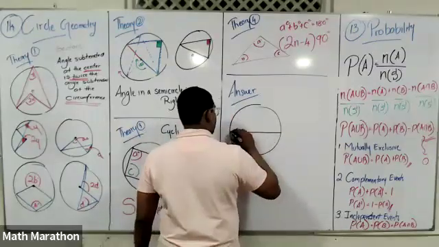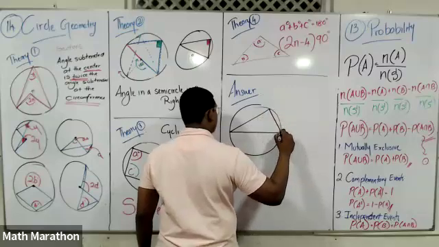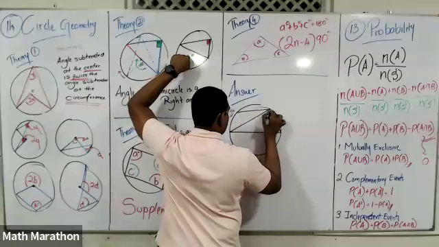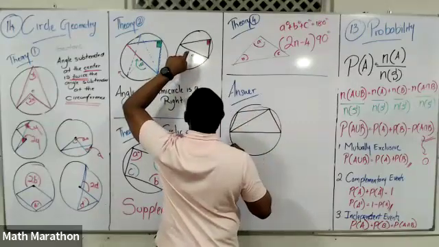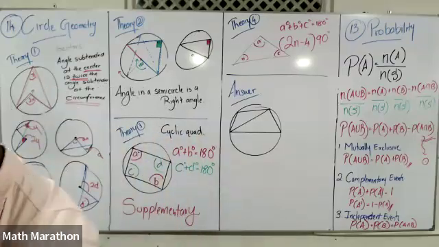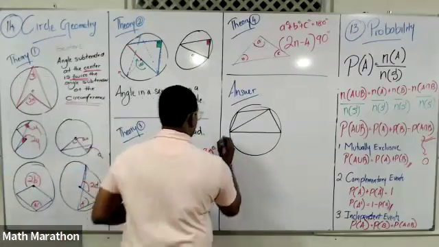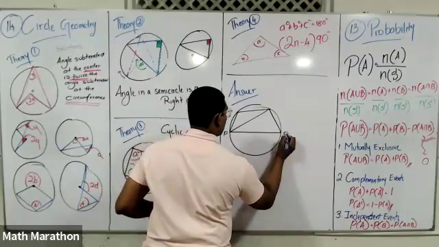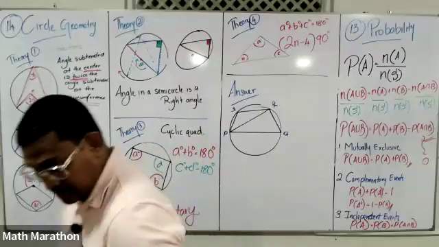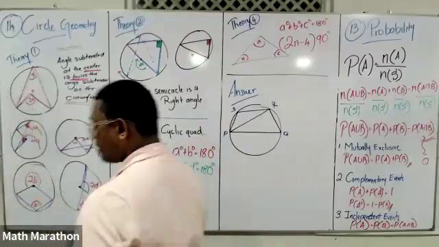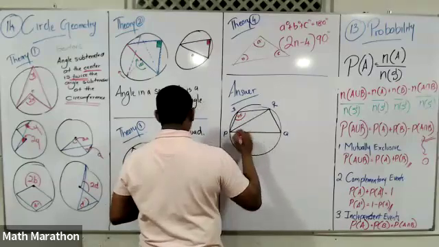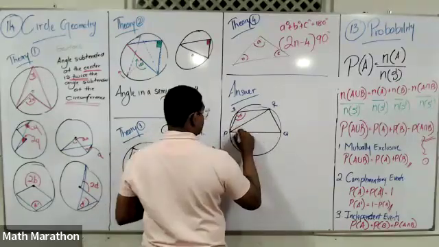So whenever you say PQ is the diameter, the first thing that should come into your mind is that the angle is going to be 90 degrees. P, Q, R, S. 110. X.